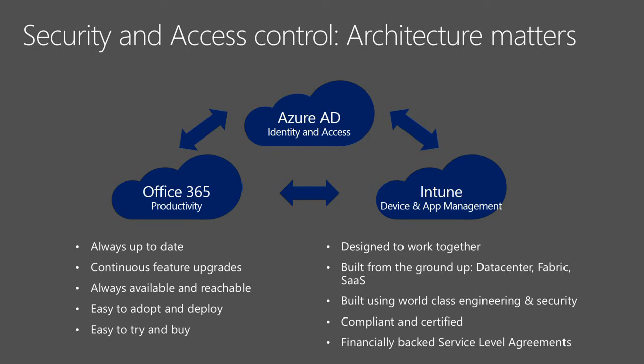So that's where the key differentiator for us is: all these services, Office for productivity, Azure for identity and access control, and then Intune for device and app management, have been built ground up as fresh cloud-based services. We didn't just put Active Directory in a virtual machine and call it the Cloud AD, or put SCCM in a VM in the cloud and say that's Intune. We actually re-architected and rebuilt the whole infrastructure for the cloud scenario.